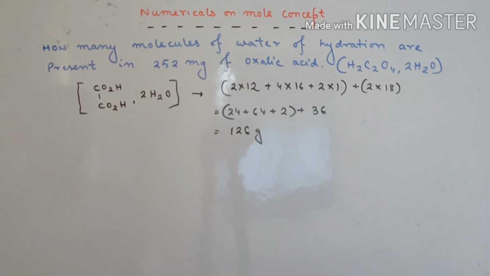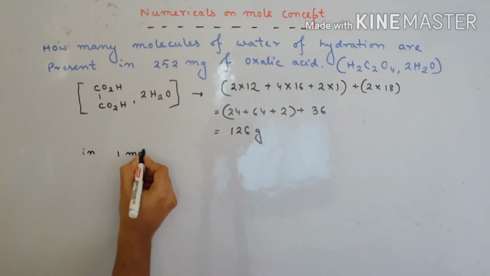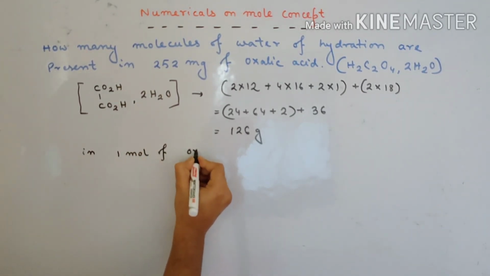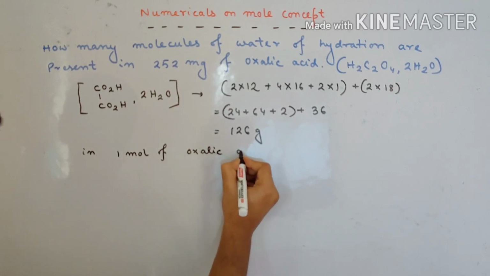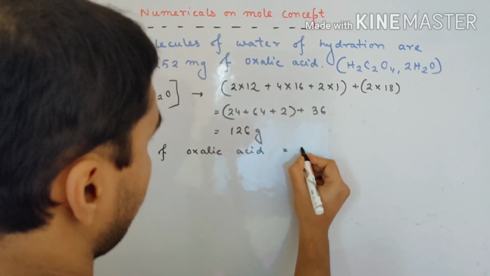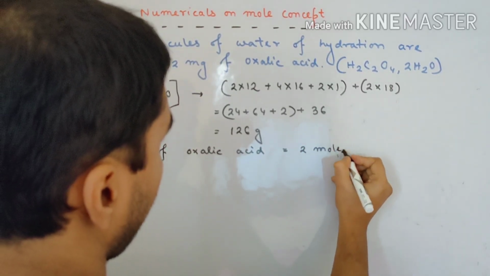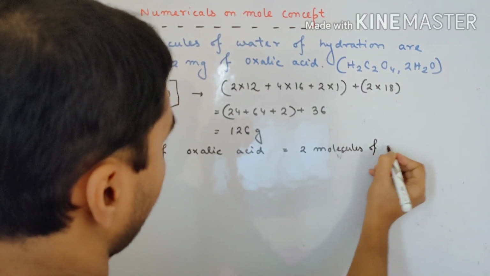Now we know that 1 molecule of oxalic acid contains 2 mole of water. So what we can say is that in 1 mole of oxalic acid, 2 molecules of water.